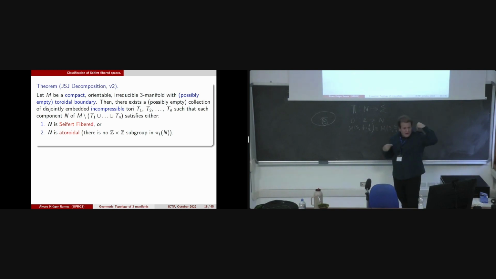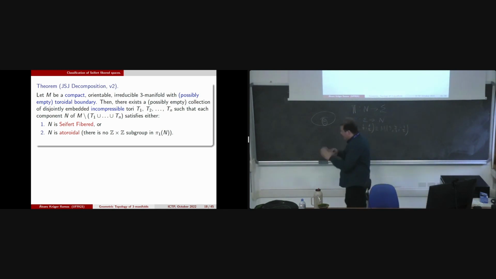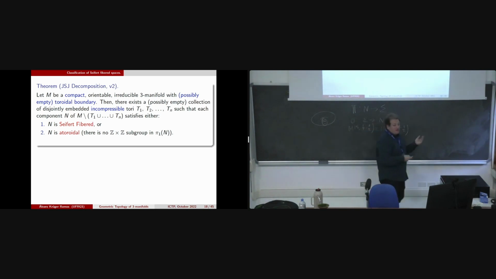So let's take a closer look at the JSJ decomposition theorem. We already know that this decomposition is by tori. These tori are non-trivial in the sense that they are incompressible. You cannot find a disk that simplifies the torus.